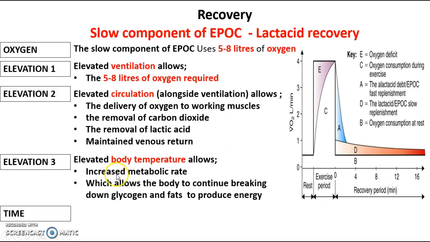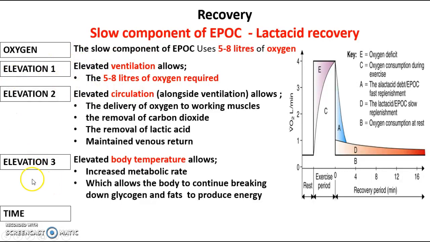By having an increased body temperature, we increase the metabolic rate, which basically means that we continue to break down or burn calories. What that means is that we can break down glycogen and fats in our recovery process in the aerobic system to produce energy, to allow us to recover. Hopefully that makes sense to you. So that metabolic rate metabolises the fuels that we need for energy. I give an example of those down here.